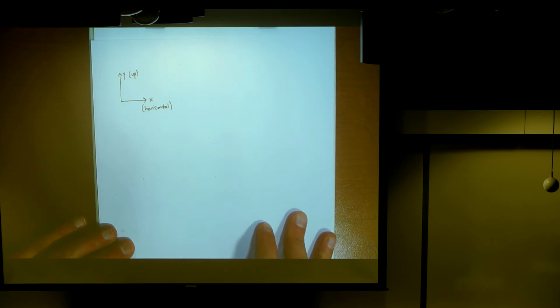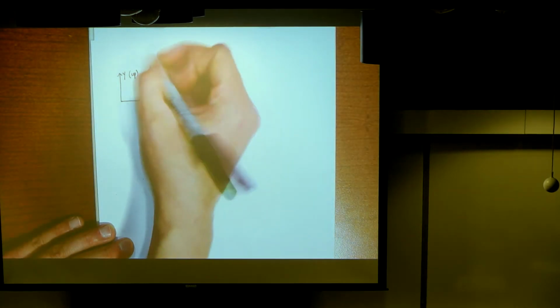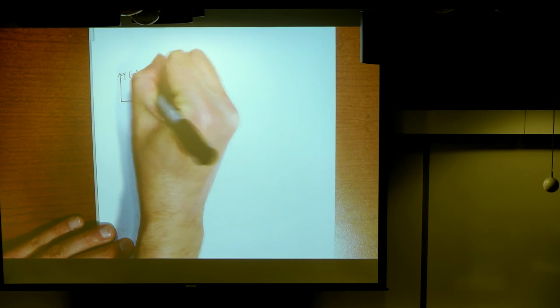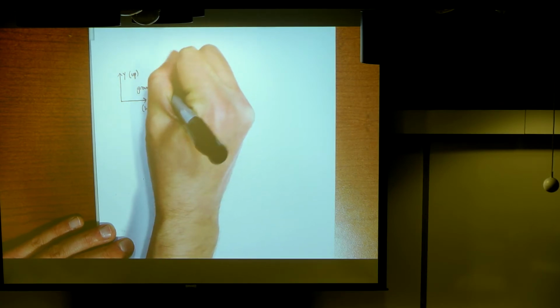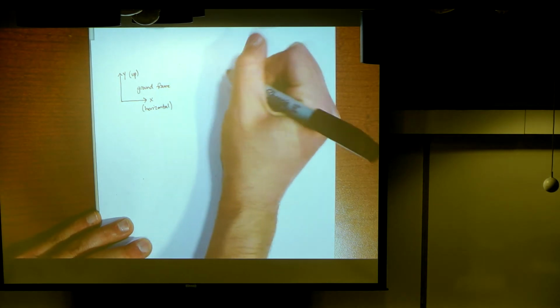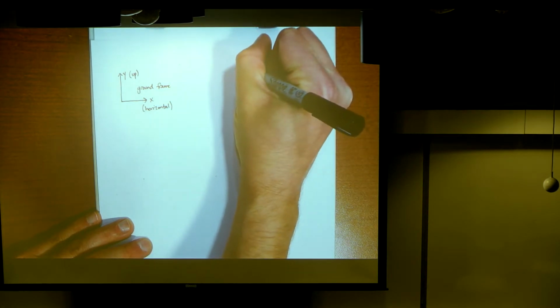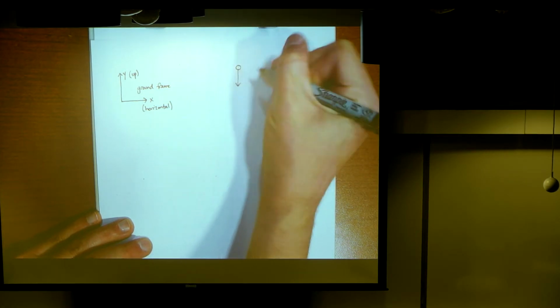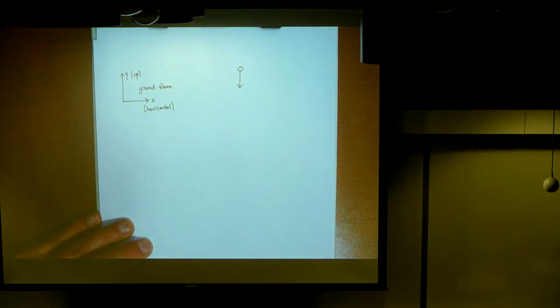Doesn't really matter. Okay? And let's say that I'm going to draw a picture of what's going on in the ground frame. So I'm going to show you what all these different motions look like from the ground frame of reference. Okay, so if we see a raindrop in this frame of reference, I'm just seeing it move straight down.